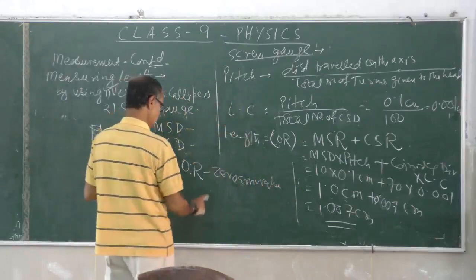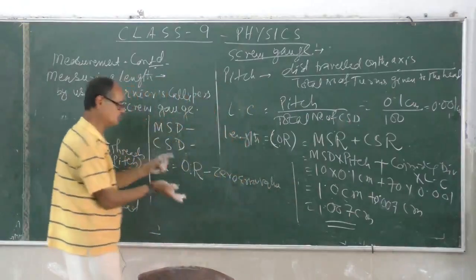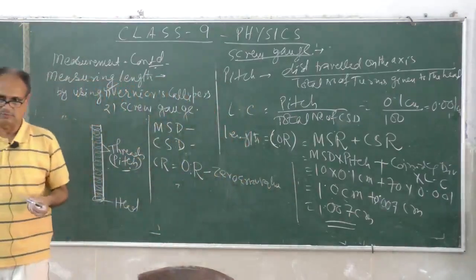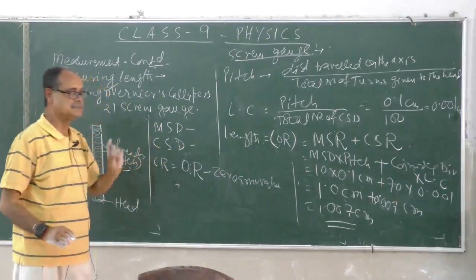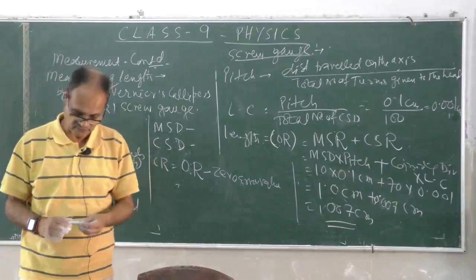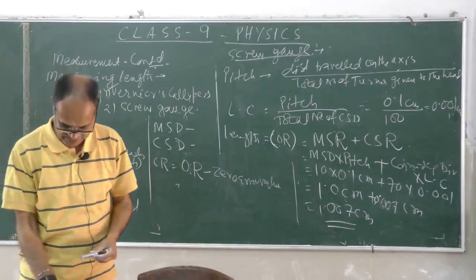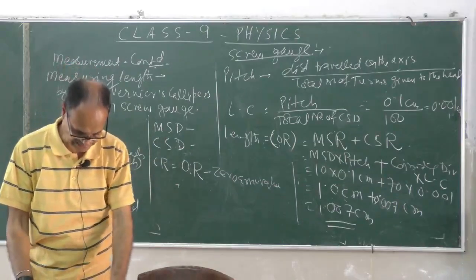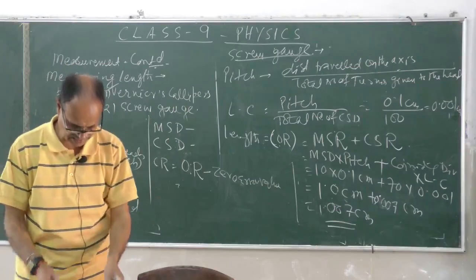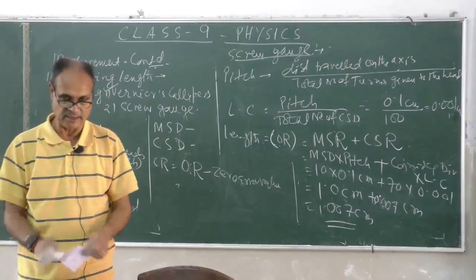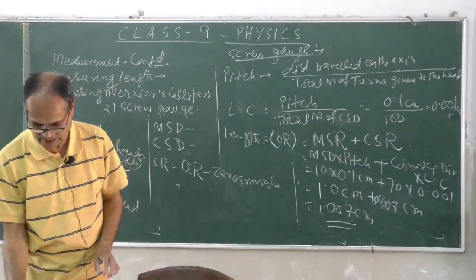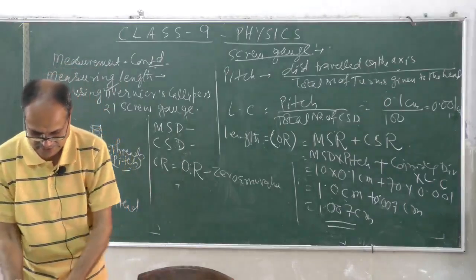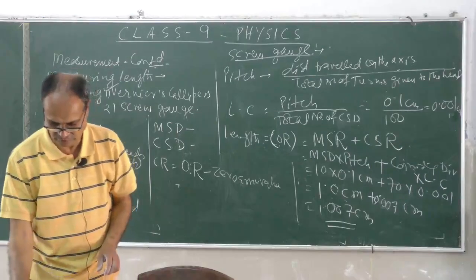That means minus and then minus, both will be added. So the correct value is found in the same order as it was in the vernier scale. I did it in very quick succession because it is in your textbook. Also there are some mathematical figures that will make the reading clearer for you.